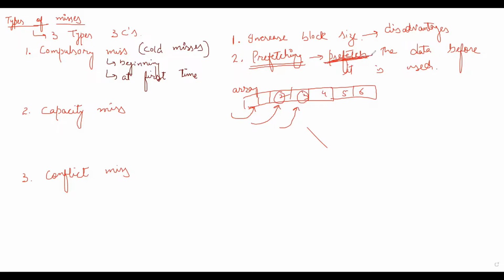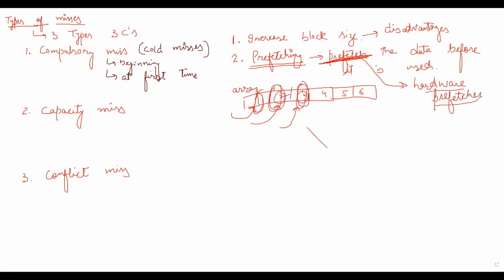I can use a prefetch technique, a hardware prefetcher. This hardware prefetcher will see the nature of my processing, how I am getting these data elements. It will see that after getting the first, I am getting the second. After the second, I am getting the third.